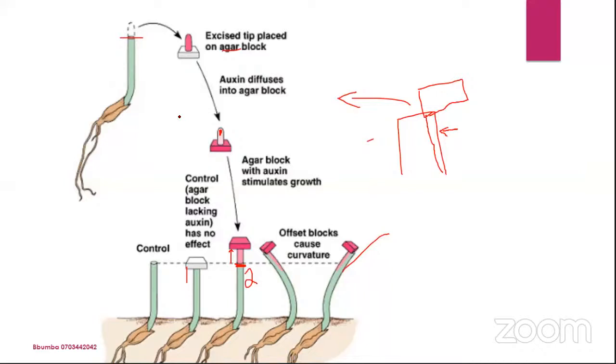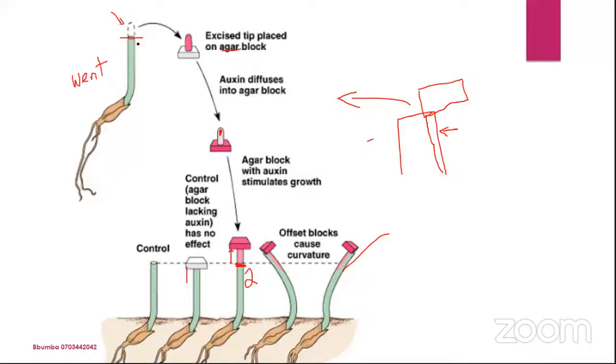This experiment was done in the 1900s. There was an English guy called Went. He wanted to explain to people that the chemicals that made the plants grow were coming from the tip.